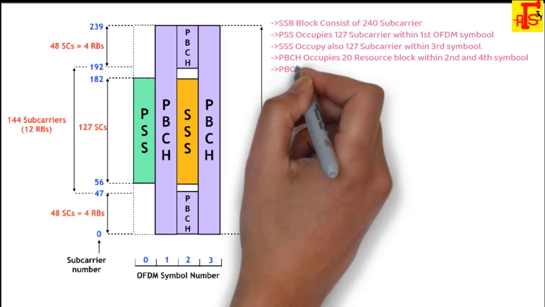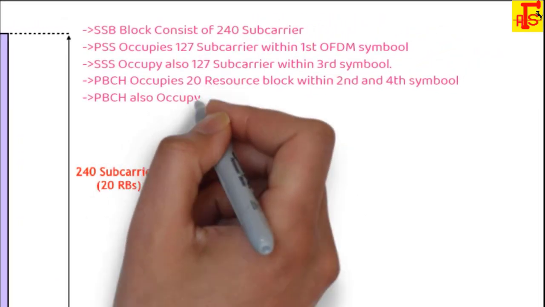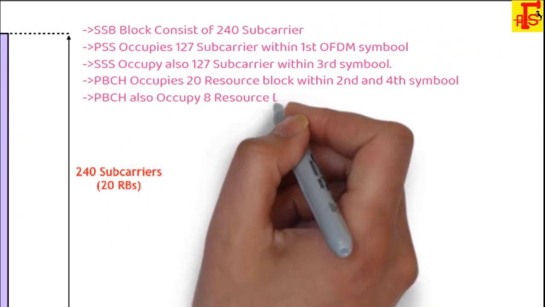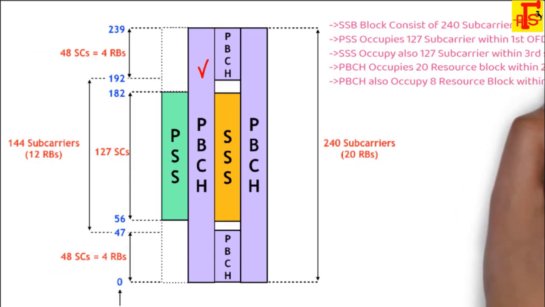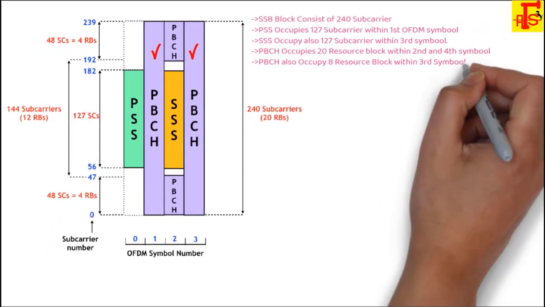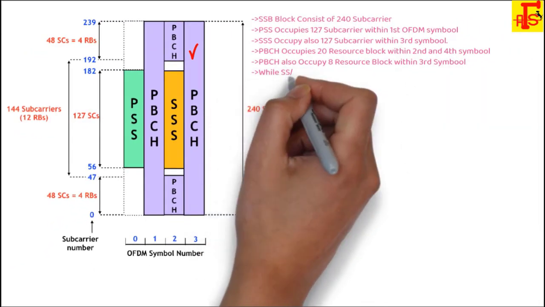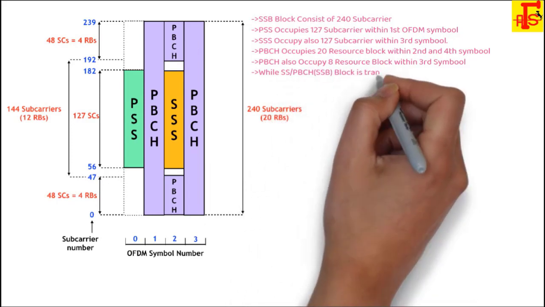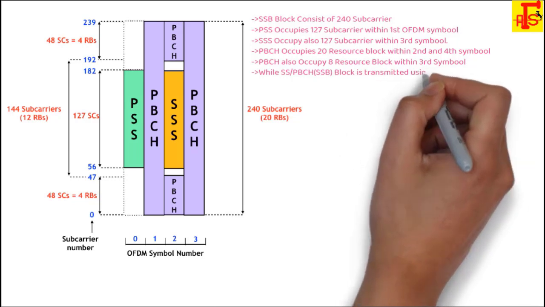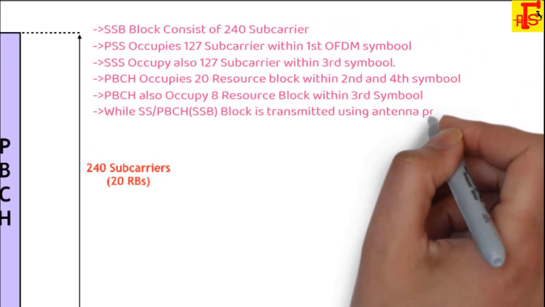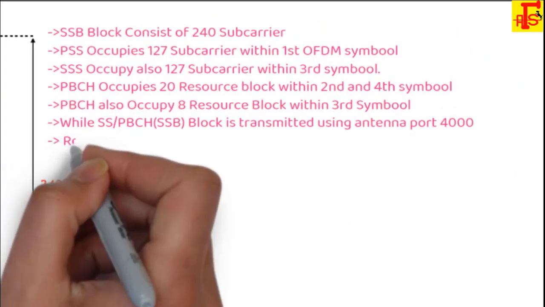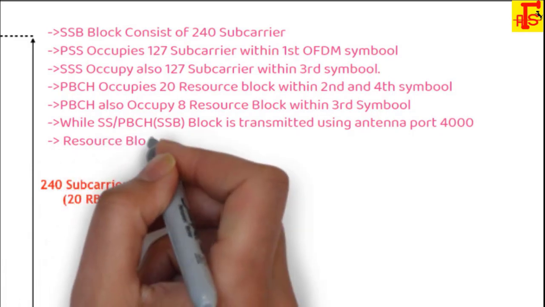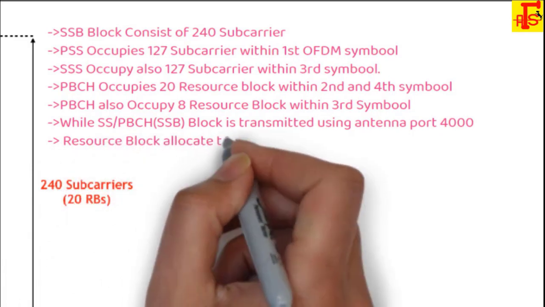PBCH occupies 20 resource blocks within the second and fourth symbols. Both symbols, second and fourth, so 20 into 2, 40 resource blocks are for the PBCH. PBCH also occupies 8 resource blocks within the third symbol, right? The SSB block is transmitted using antenna port 4000.